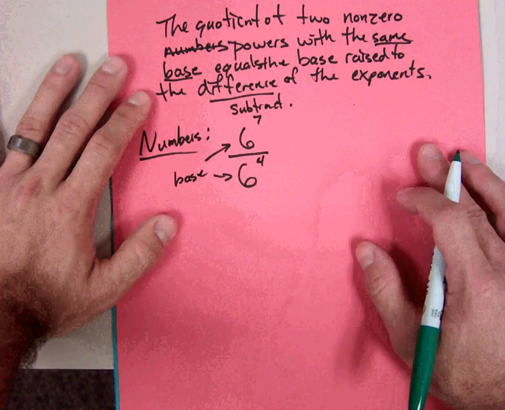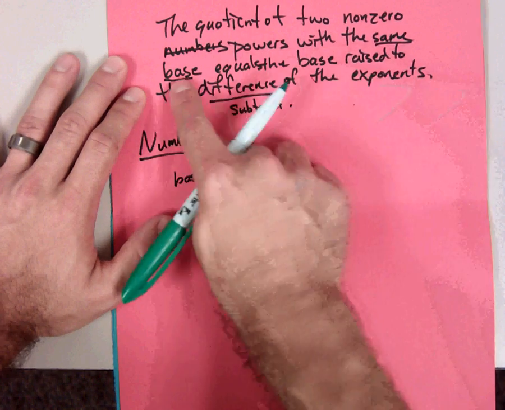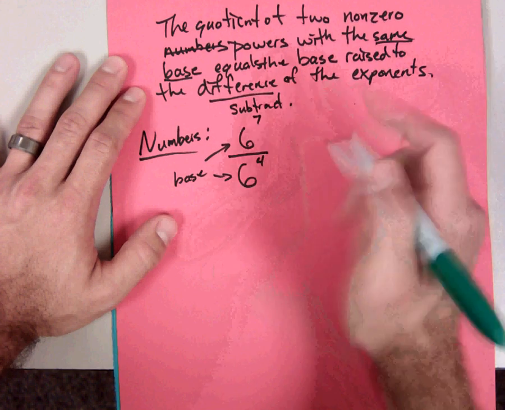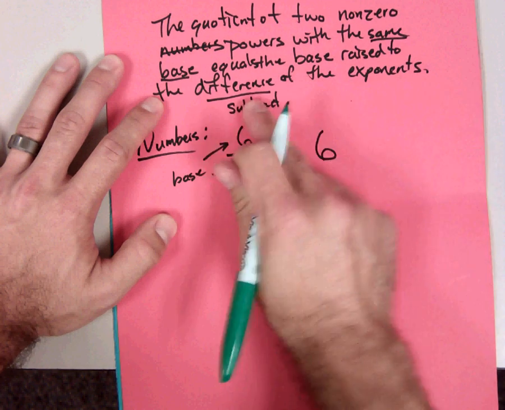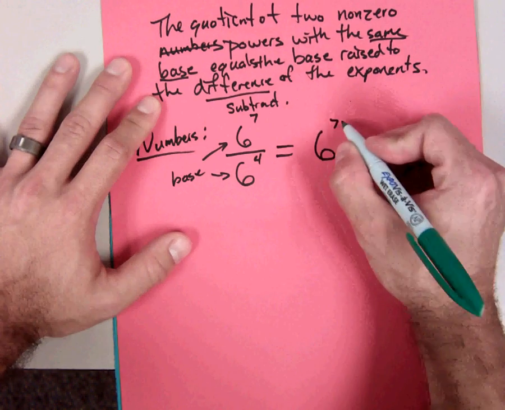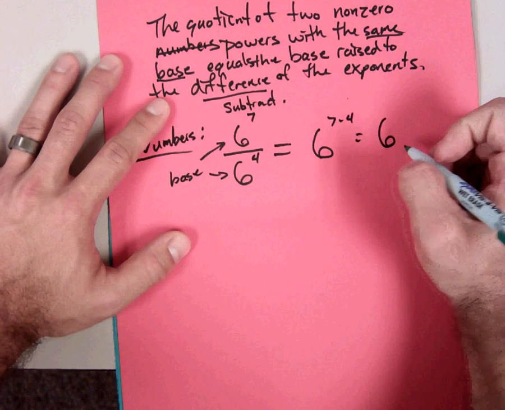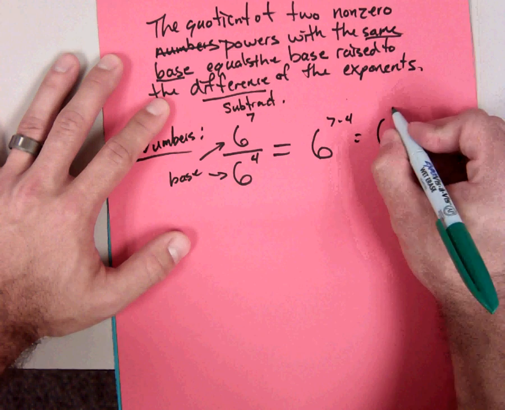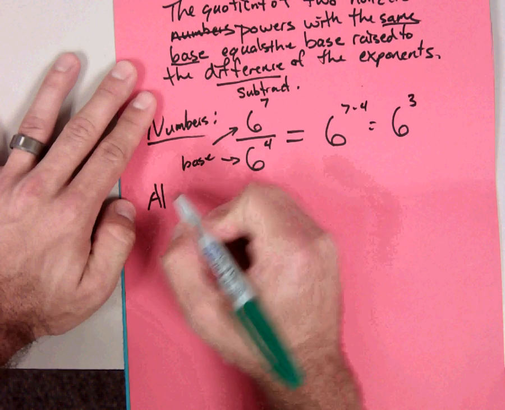So it says the quotient of two non-zero powers with bases that are the same equals the base raised to the difference of the exponents. And remember, difference means subtract. So you're going to go 7 minus 4. So that should equal 6 to the 3rd.